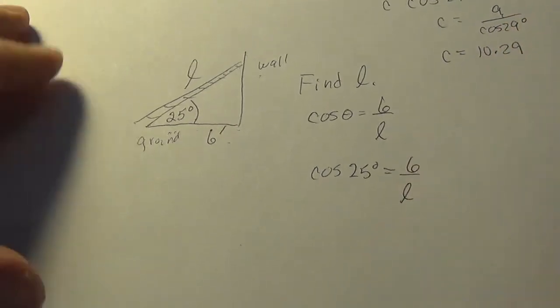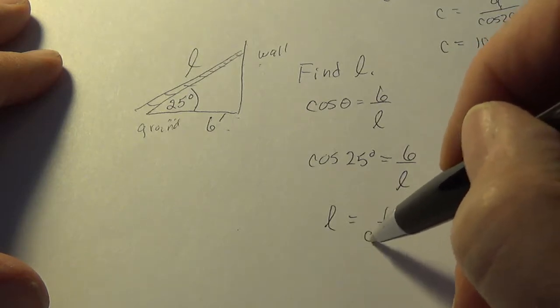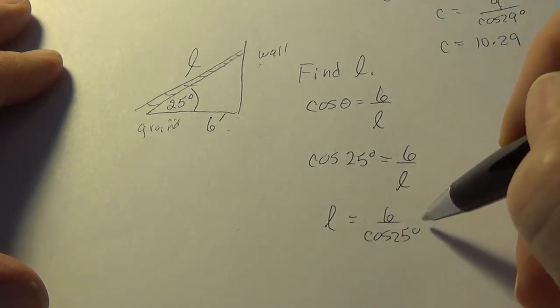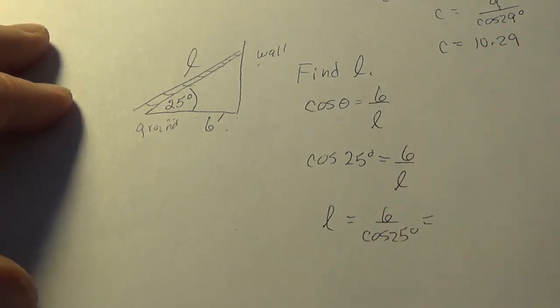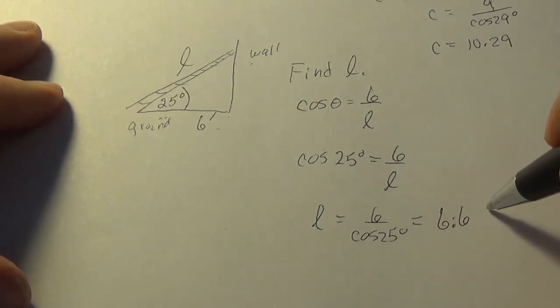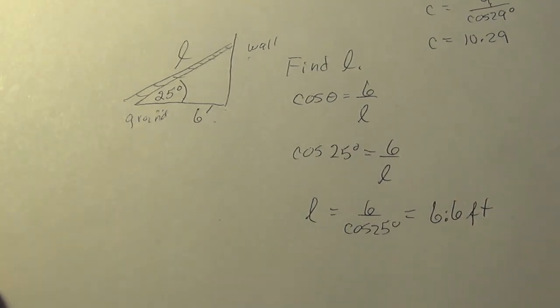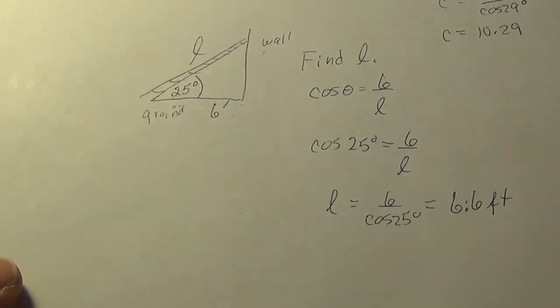Solve that for L, multiply both sides by L, and divide by cosine of 25. It will get you this, and that is a 6.6 foot ladder. A 6 foot ladder you've heard of? Well, this is a 6.6 foot ladder. Alright, so that's the third.